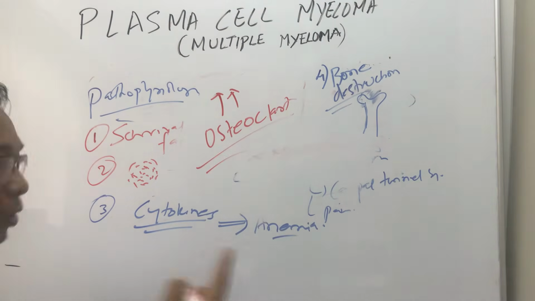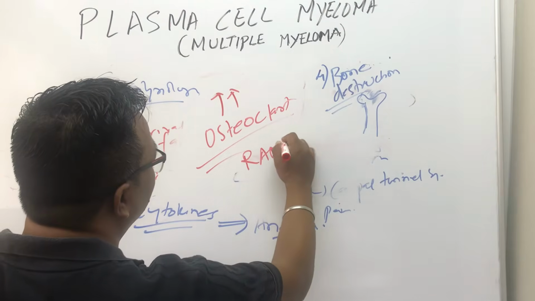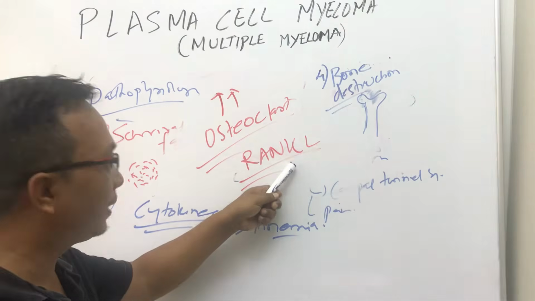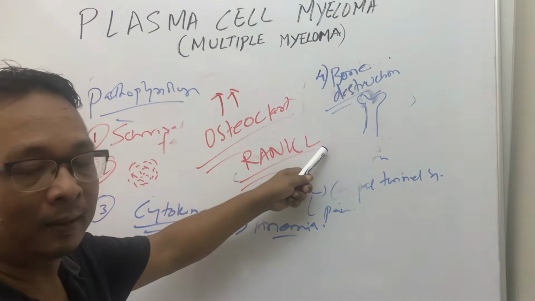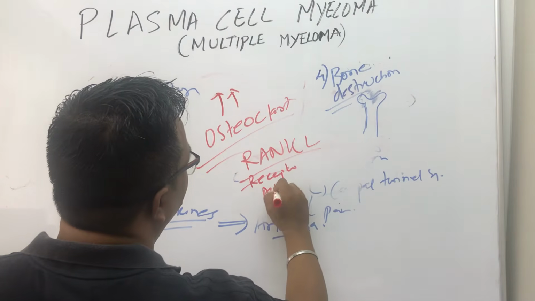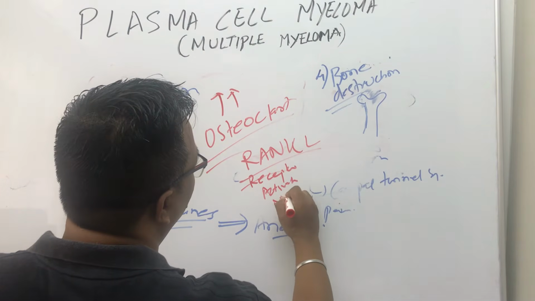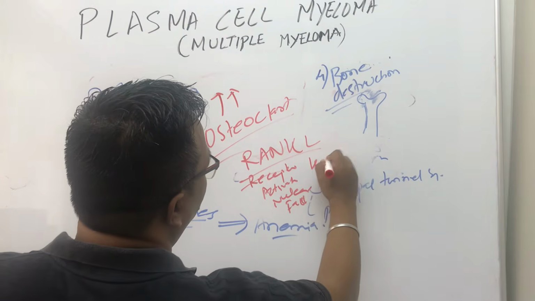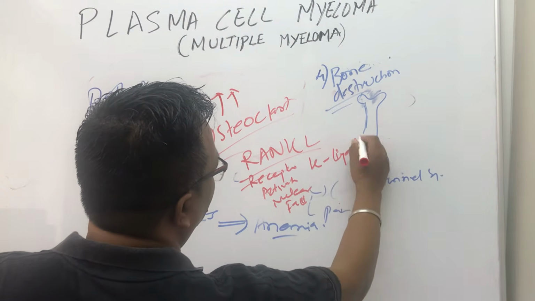This is due to overexpression of another thing which comes in MCQs, RANKL, which is receptor activator of nuclear factor kappa B ligand.